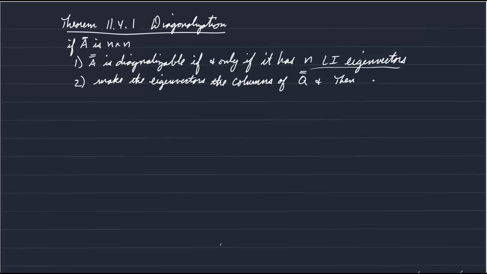And then the operation Q inverse A times Q gives the diagonal matrix sought.